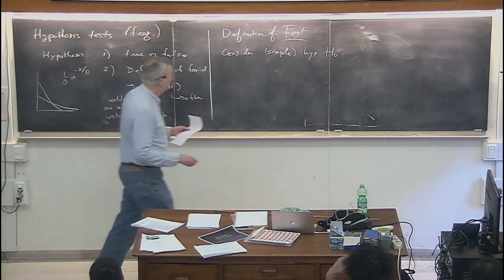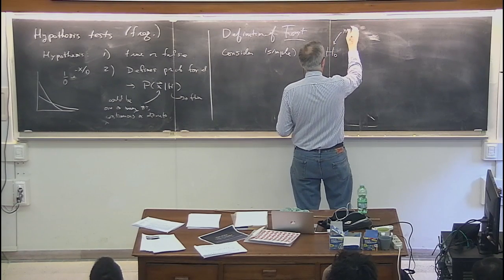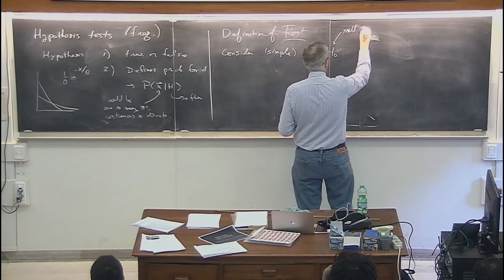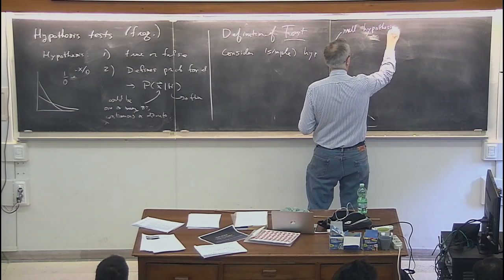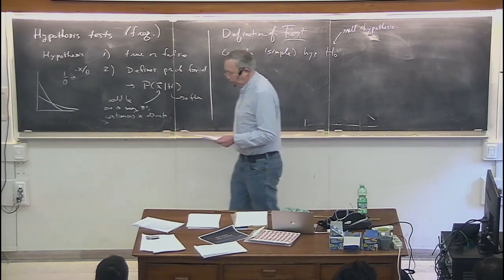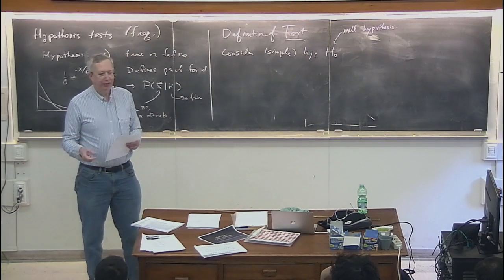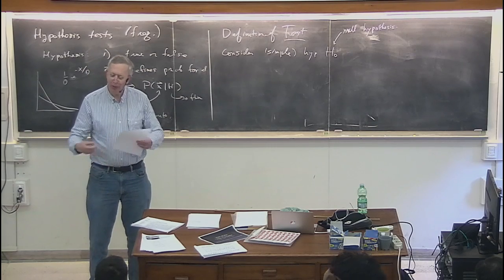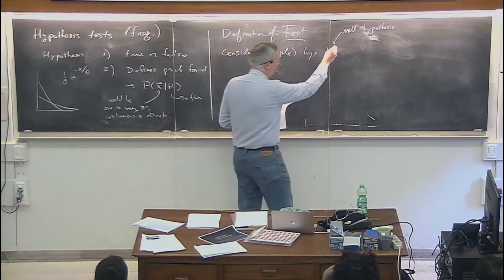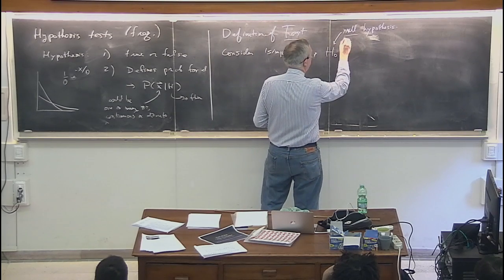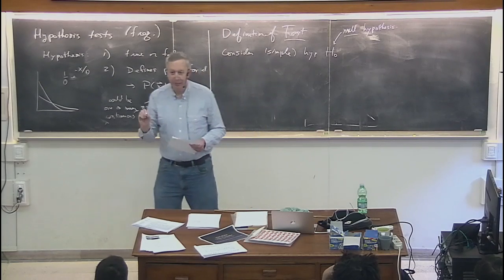And so often we use the language of the null hypothesis. The word null hypothesis tends to imply that this is the hypothesis in which nothing is happening, or say there's no new signal present. And in practice, that might often be the case. But that's not always the case. I'm just simply going to take the phrase null hypothesis to mean the hypothesis that I am testing.